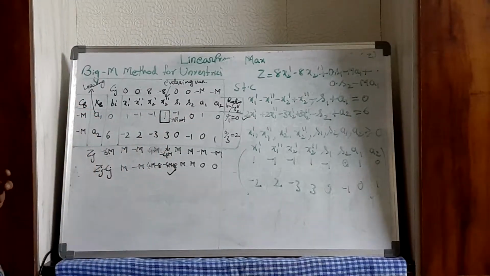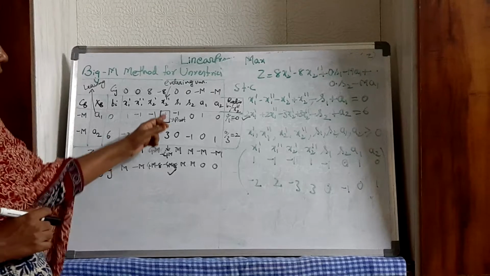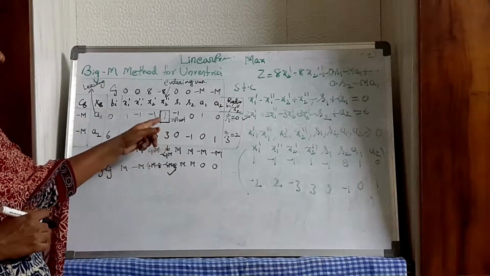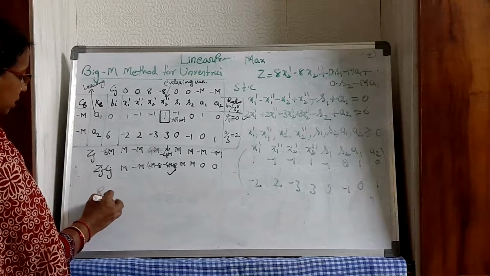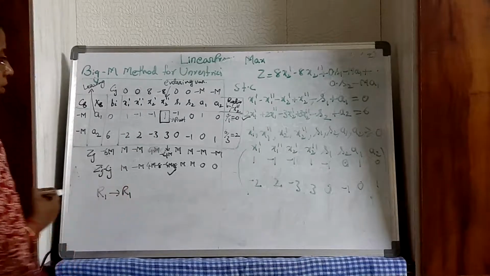Now I have to make this pivot element 1 and all other elements in that column 0. Because this is already 1, which is in the first row, I will write R1 as R1 only. Okay.